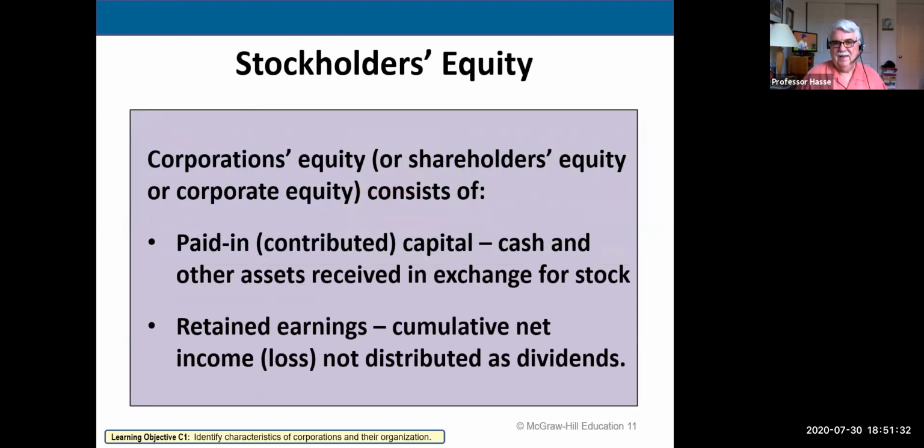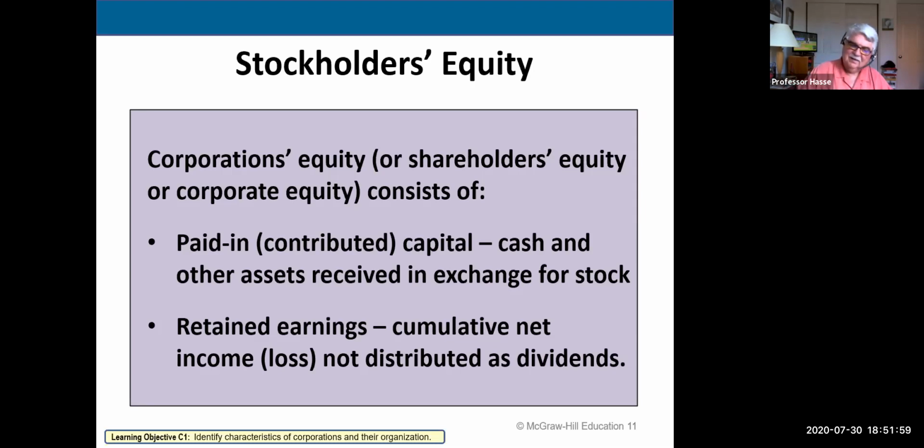Three types of equity in a company: common stock, paid in capital, retained earnings. You need to know these three because there's going to be a question on the final examination exactly about this. So I'm giving you advance warning. Three ways that equity can be shown on a financial statement for a corporation.